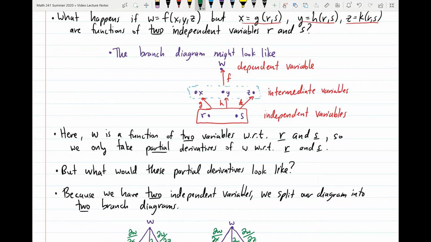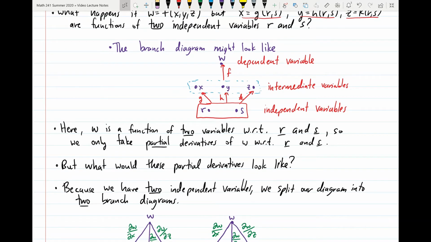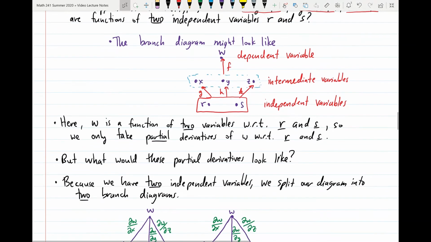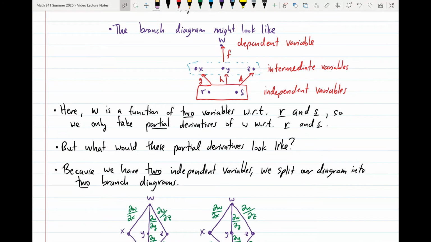Because if I wanted to draw a branch going from x down to the independent variables, I have to draw a branch that goes from x to r, as well as a branch from x to s. And so I would have two different derivatives there. And so this is going to present a new kind of issue that has to be resolved with branch diagrams when we have more than one independent variable.